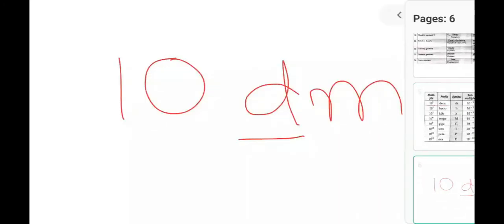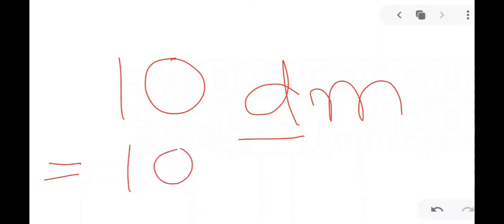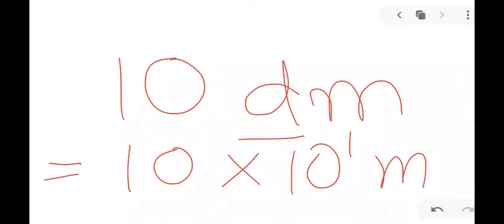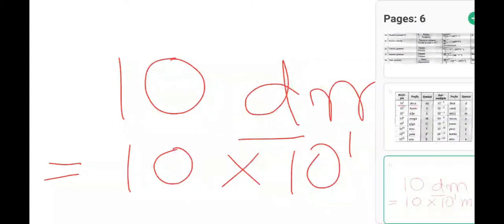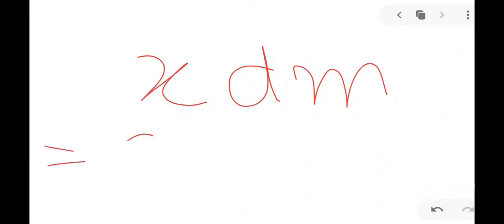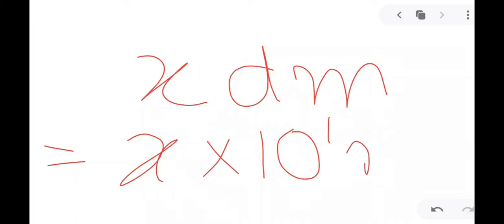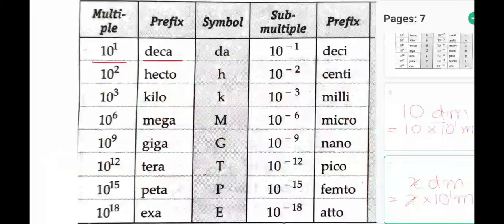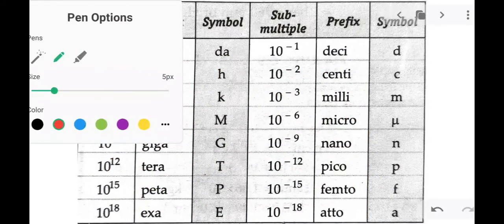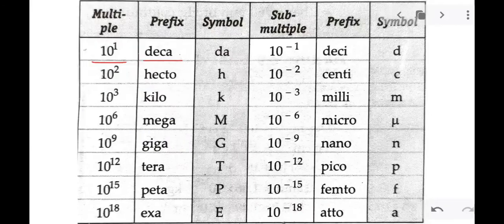So we have 10 into 10 to the power 1 meter. Clear? Or more specifically, I can write x decameter. This means x into 10 to the power 1 meter. Clear? So similarly, you have 10 to the power 2.